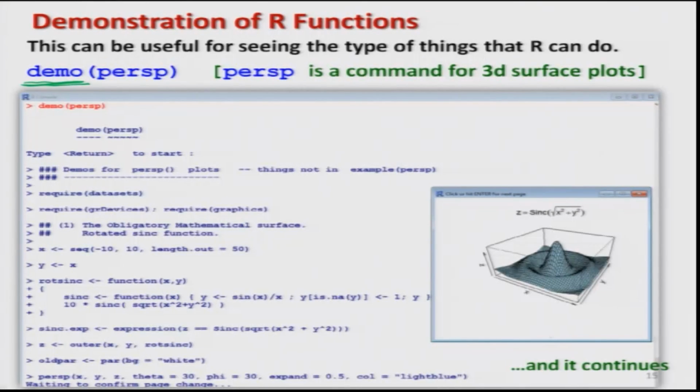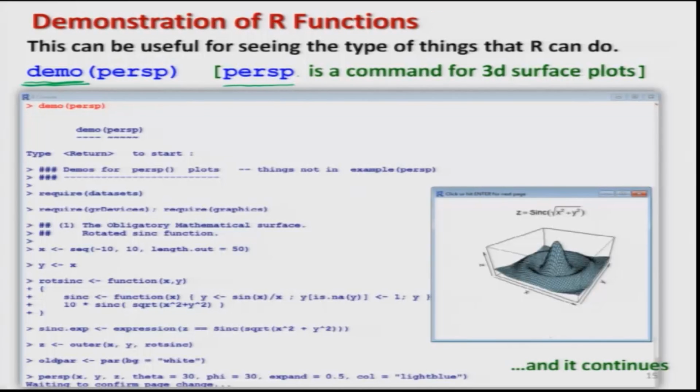So, for example, here I am trying to take a demonstration on the function persp. Actually, this persp is a function that creates the perspective plots, which are 3-dimensional surface plots, right.